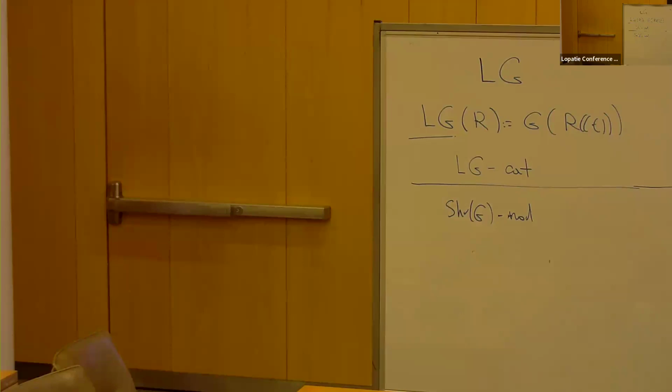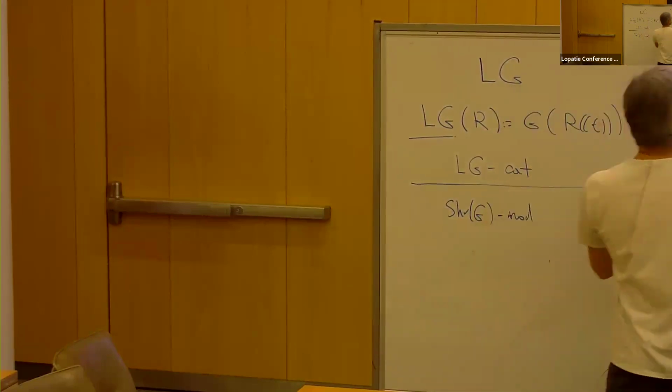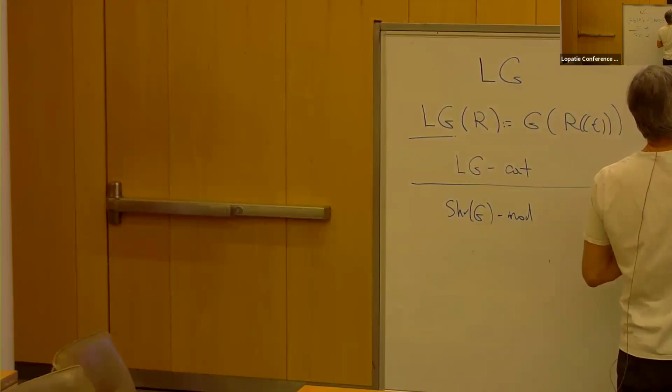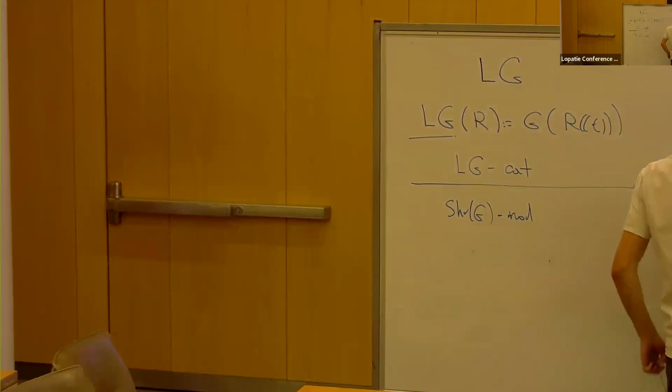And so with these definitions, we define LG cat to be sheaves underlined on LG mod, but inside DG cat algeom.